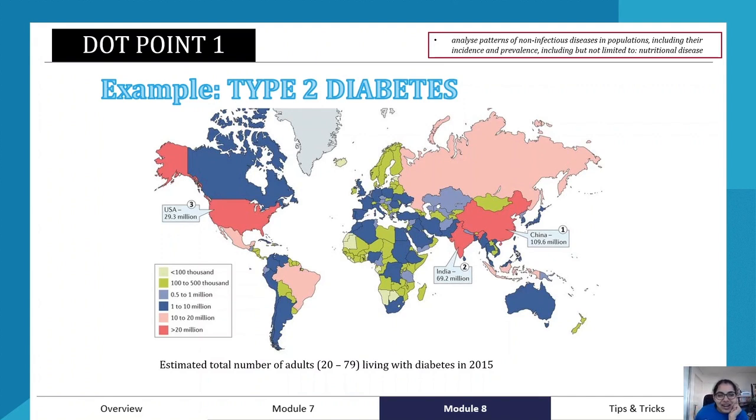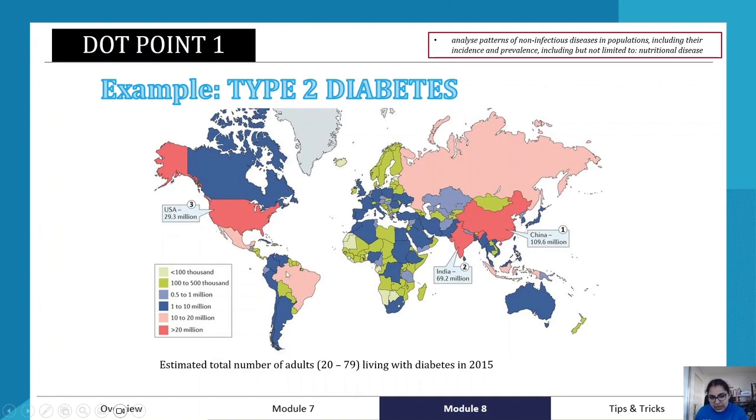But anyways, here is a map to show you the number of cases. Essentially the pink is where we've got the most number of cases. So parts of the US, we see India, China, so large numbers: 69.2 million, 109.6 million, 29.3 million.